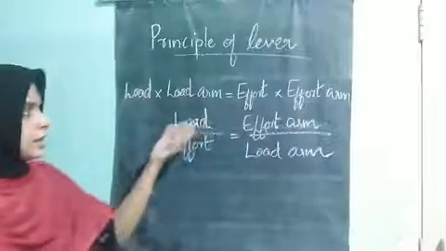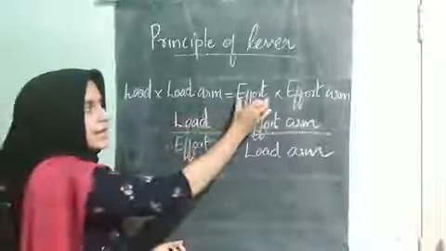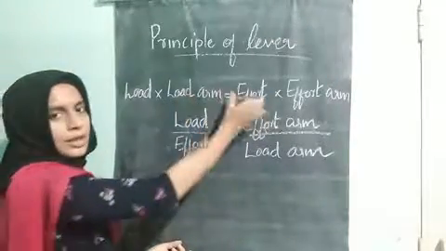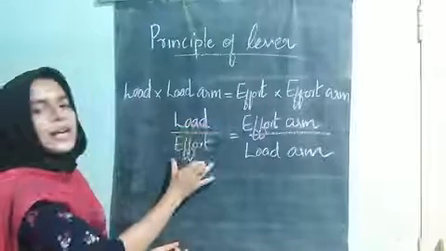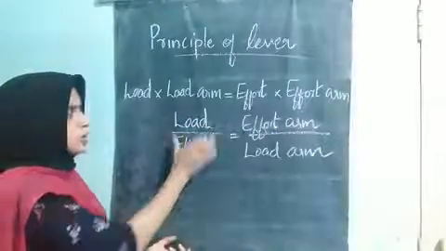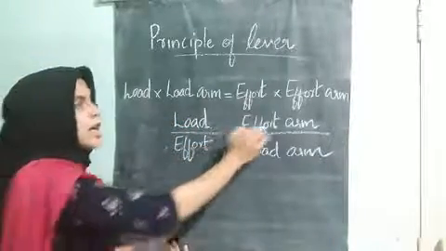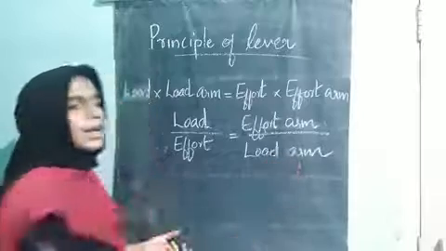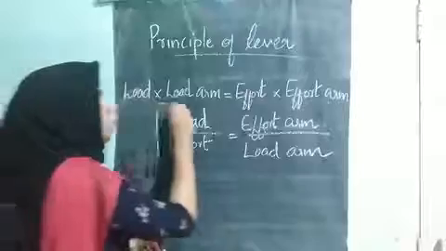Now we write here, keeping the load here itself and taking this effort to this side. So multiplication will become division. So load by effort, the ratio between load and effort, is equal to effort arm divided by load arm. So these equations are very important.